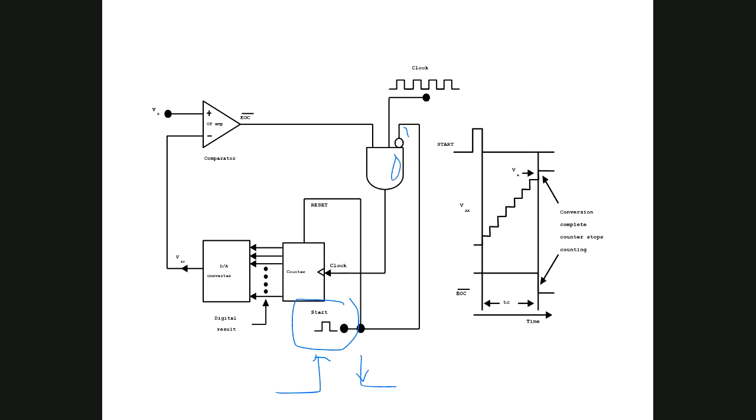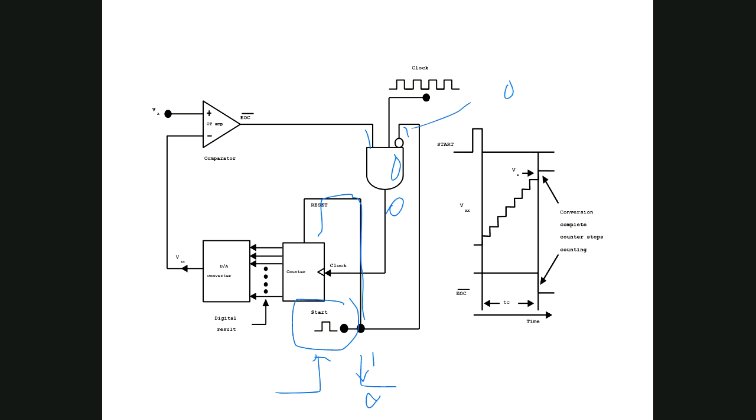This is 1, but since the other input is 0, it will always give you 0. In the meantime, this 1 will go here as well, so it will reset the counter. Next, the start pulse goes from 1 to 0.